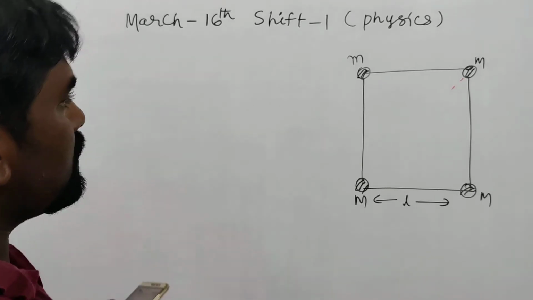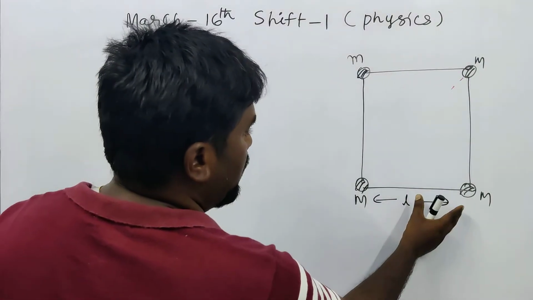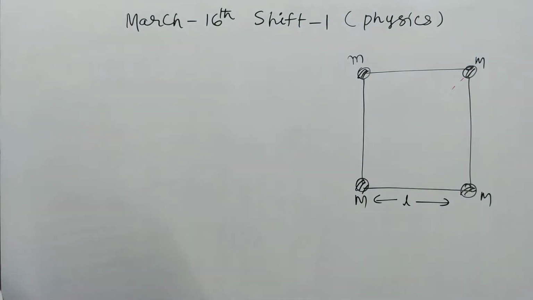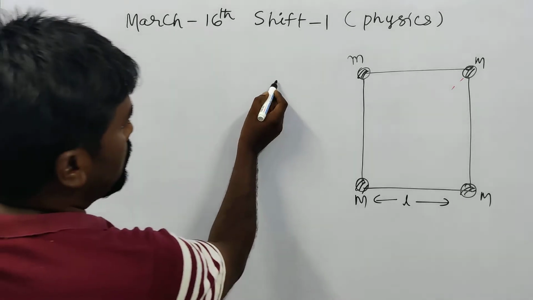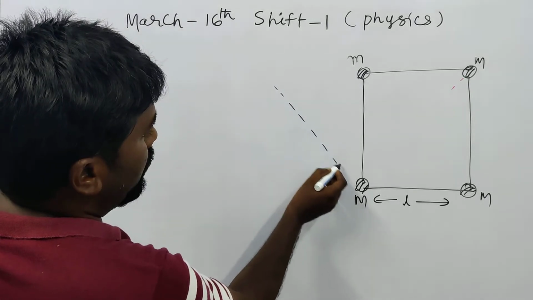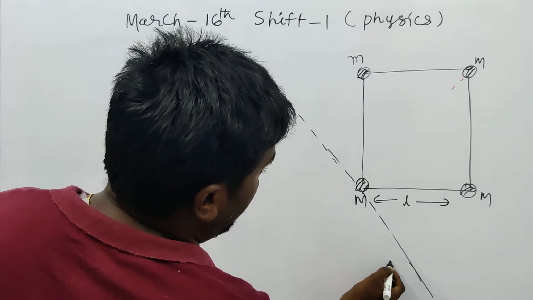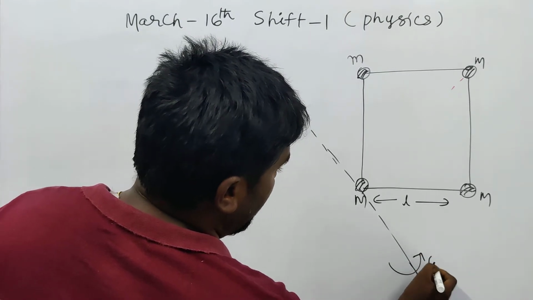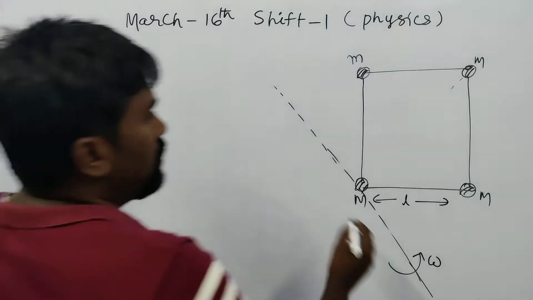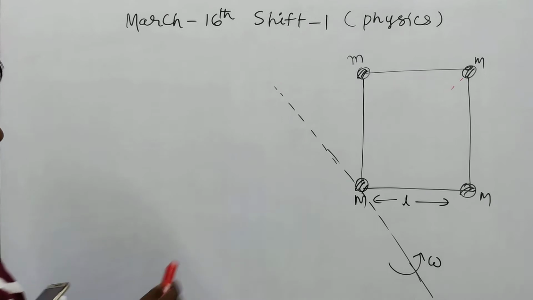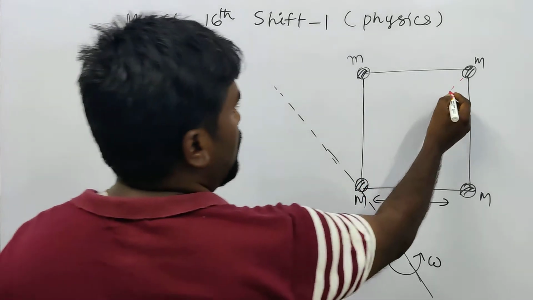Now the next question: there are 4 masses located in a square arrangement, and we have to find the moment of inertia about the axis passing as shown in the figure. The angular velocity is omega, and we measure the moment of inertia about this axis.